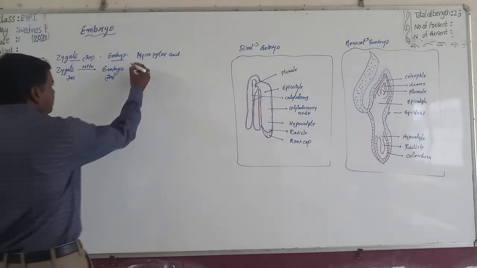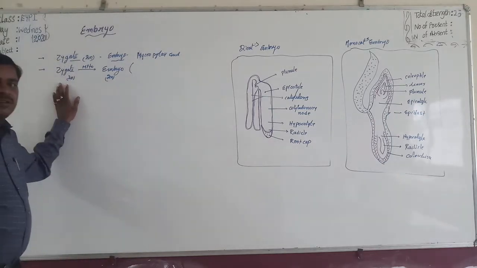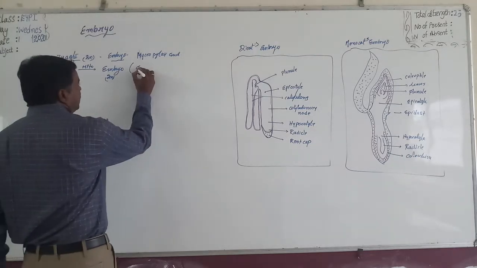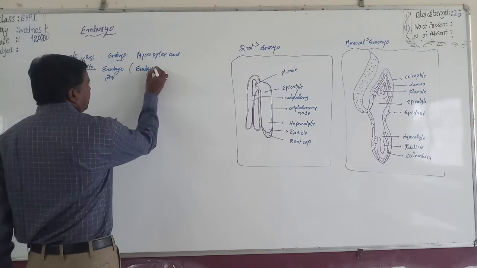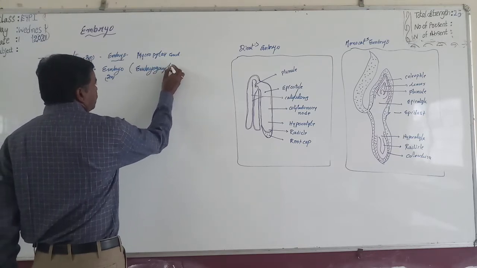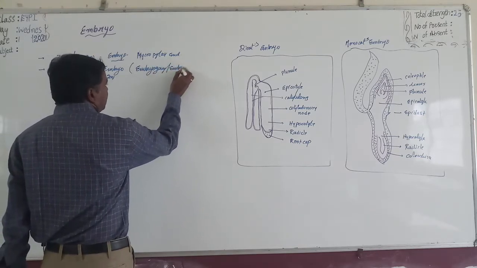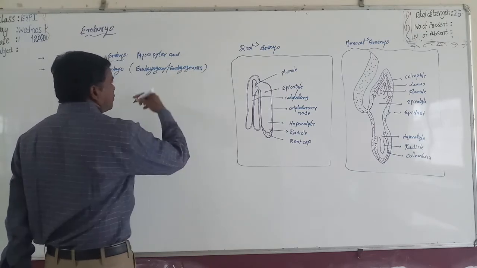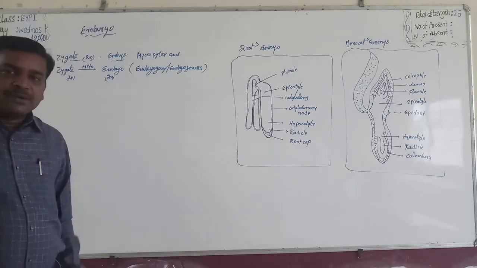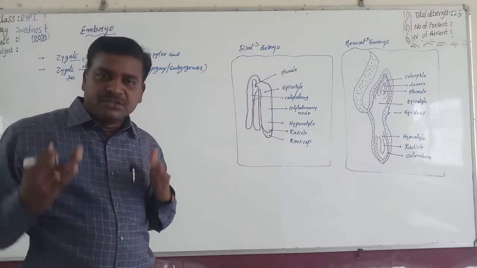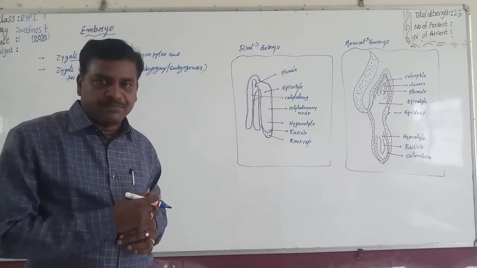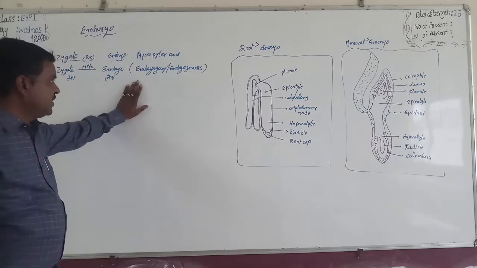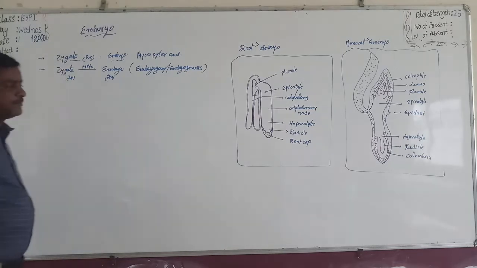The formation of the embryo from the zygote as a result of mitosis is called embryogeny, also called embryogenesis.